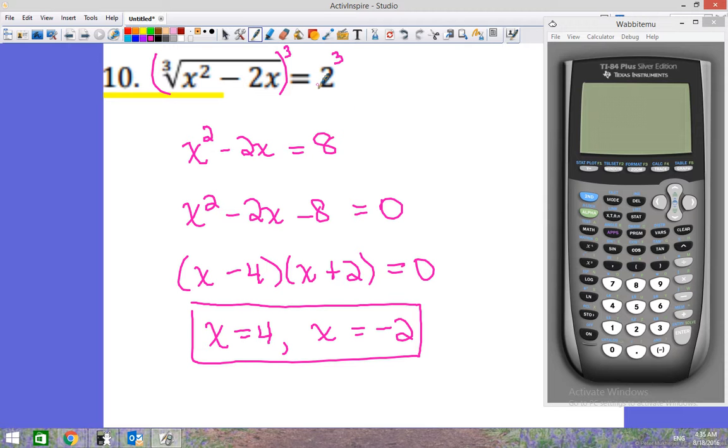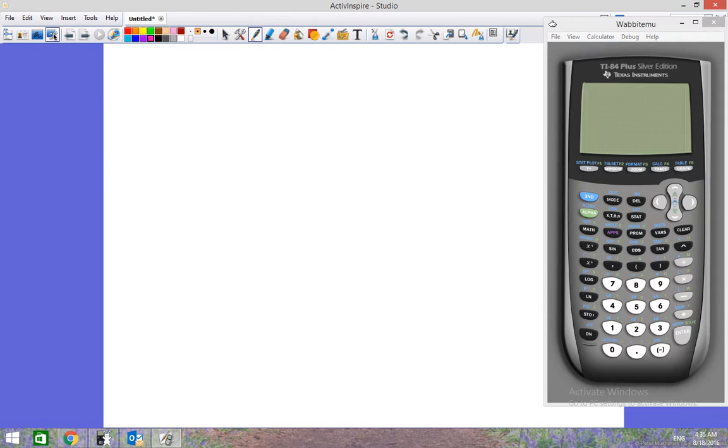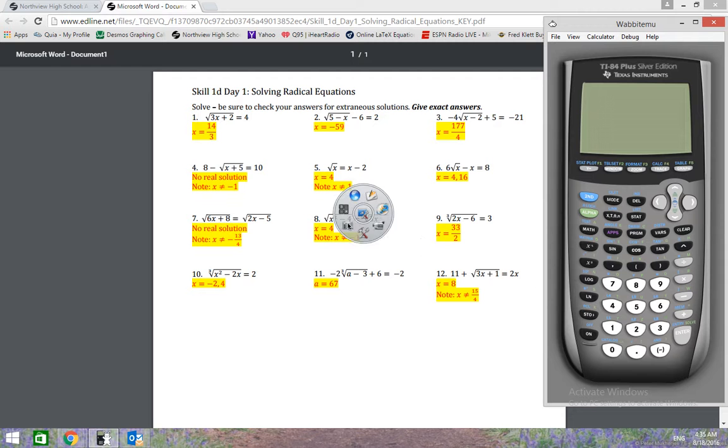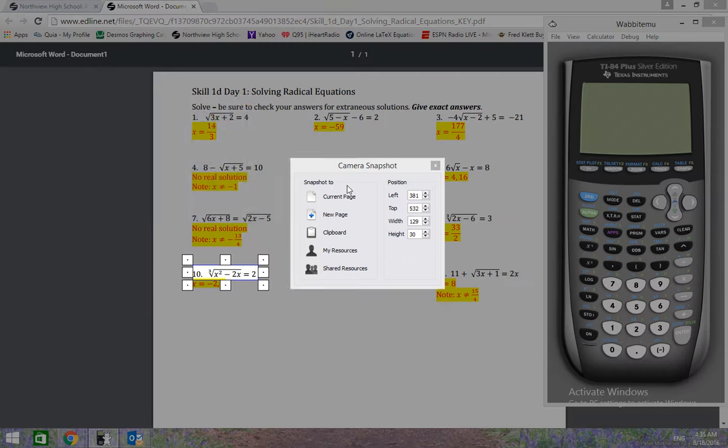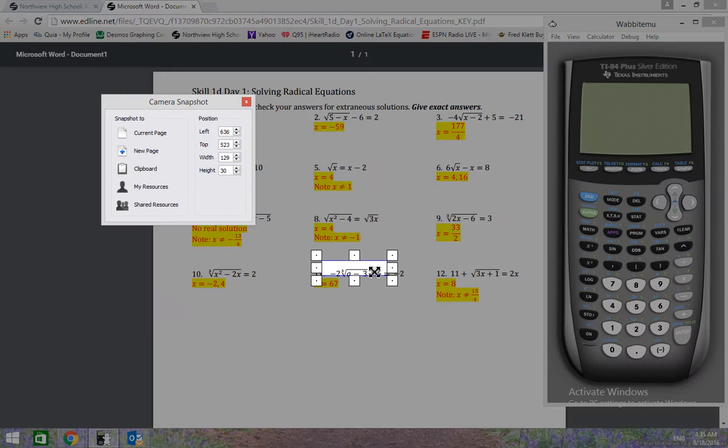But when you're raising it to an odd power, it would take care of that negative sign. I don't think that the technique requires that we check for extraneous solutions when we have an odd index. I'm going to stick with that until I have proof that it's otherwise.